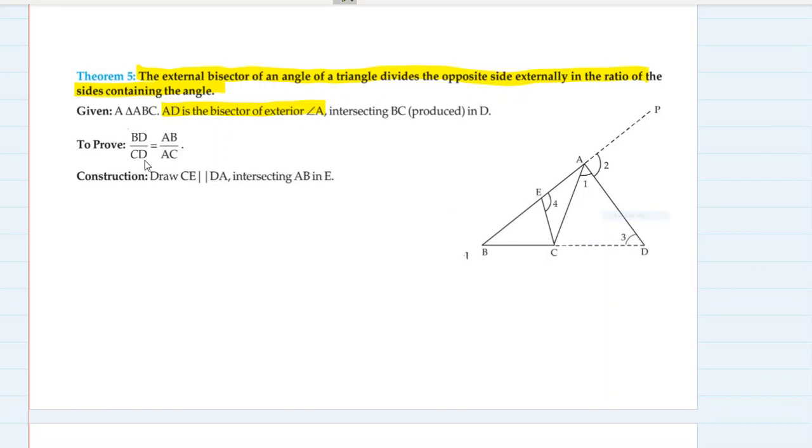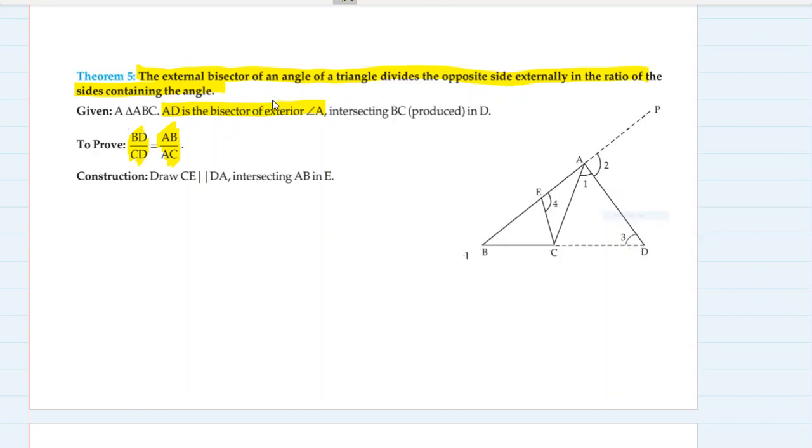You have to prove that BD upon CD is equal to AB upon AC. Now, AB and AC are the sides containing the exterior angle as well. Okay, you might wonder what the exterior angle has to do with AB and AC, but AB and AC are the sides containing the exterior angle. The ratio of AB and AC is equal to the ratio of BD upon CD.